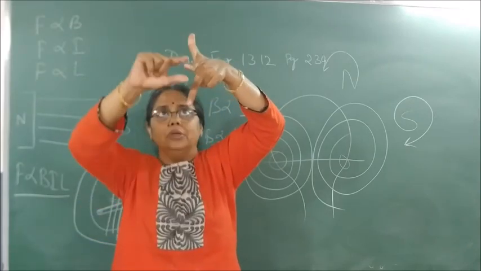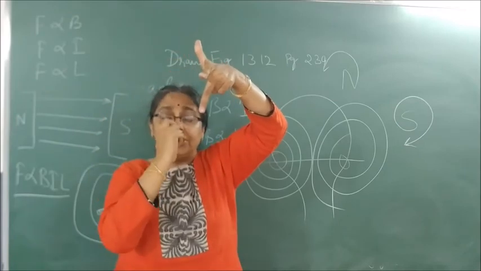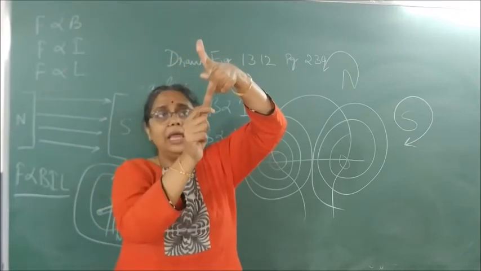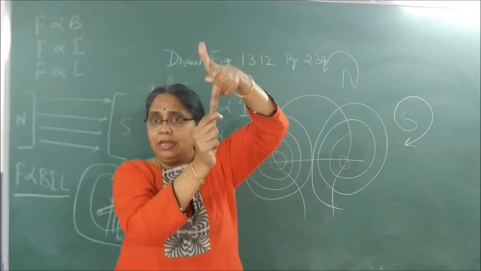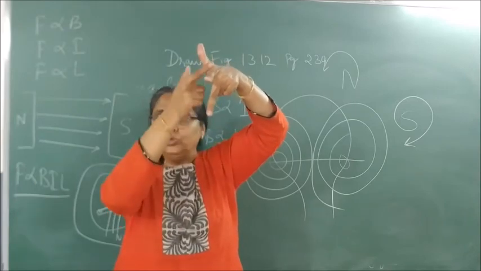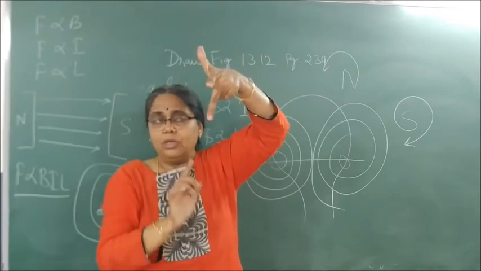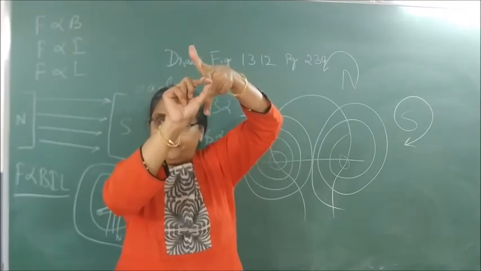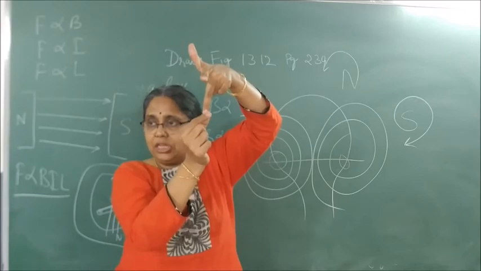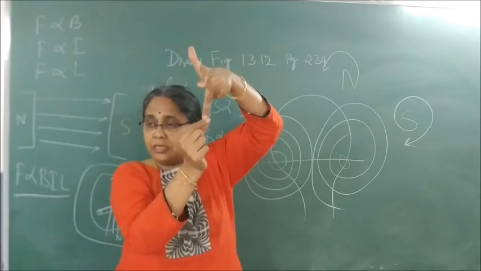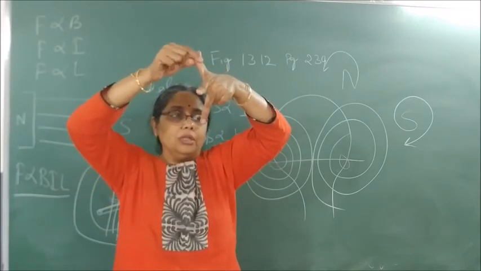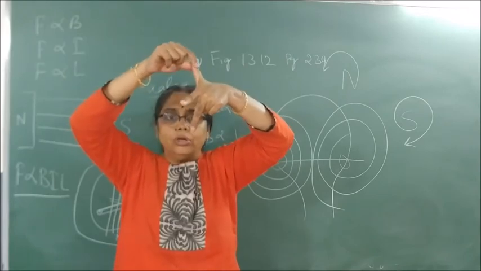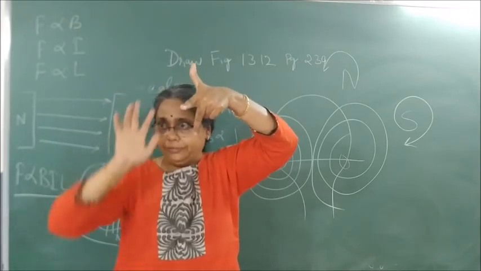The forefinger shows magnetic field, the center finger shows current, and the thumb shows the force experienced or the direction of movement.